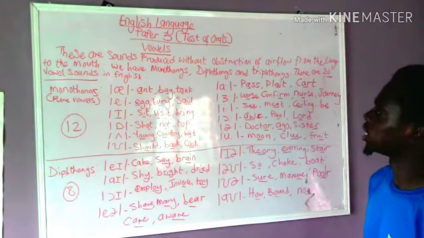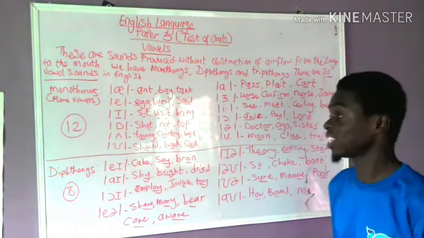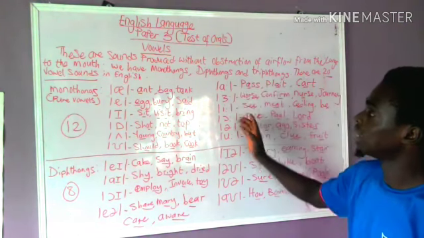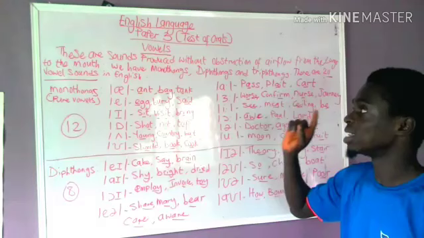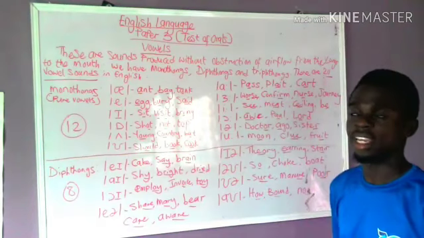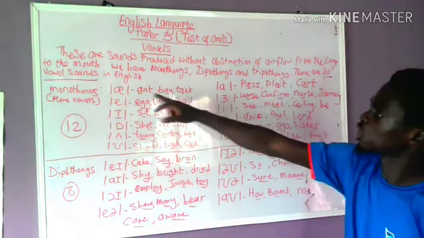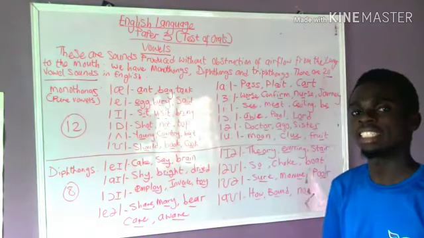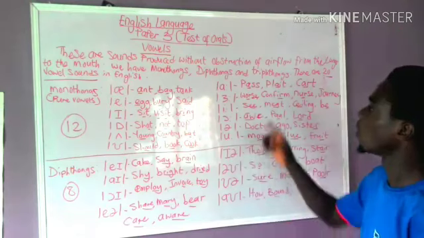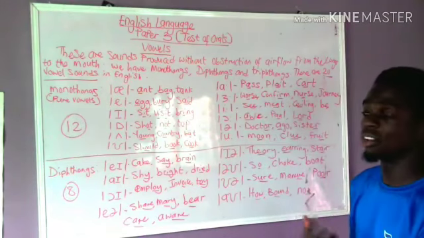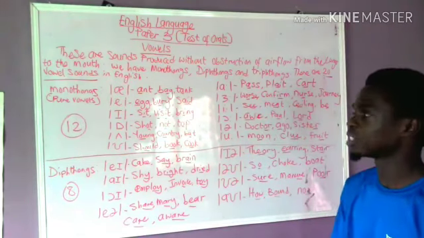Alright, so we move on to the long vowel sounds. Remember what I told you. Whenever you find these two dots behind any sound, first of all, it is a vowel sound, and most importantly, it is a long vowel sound. So this is the short A. You do not place too much emphasis on its pronunciation, while this is the long one; the only way you differentiate is by placing emphasis.